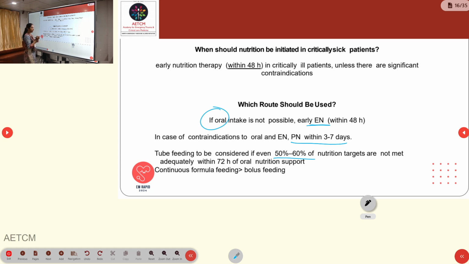And usually continuous formula feed is preferred rather than bolus feeding. Usually adults and children eat as a bolus feed, but in critically ill patients we will have to give continuous feed rather than bolus feeds, because they won't be able to tolerate that.